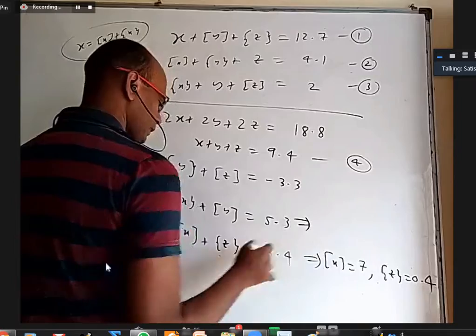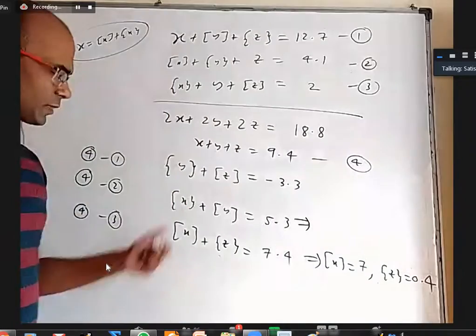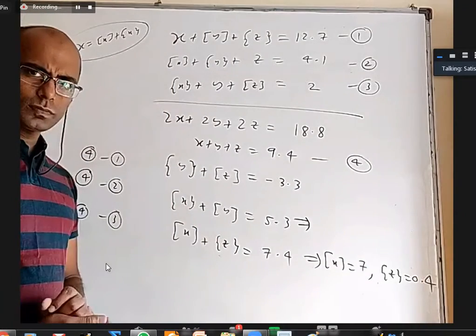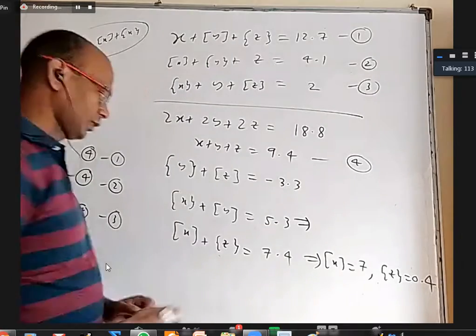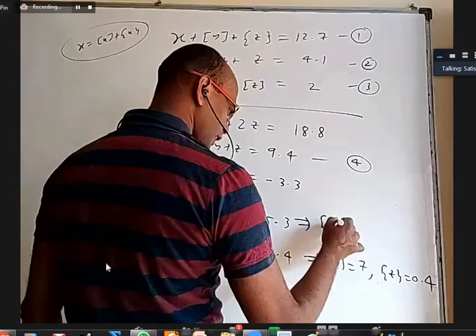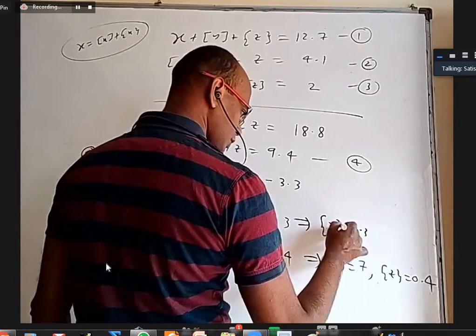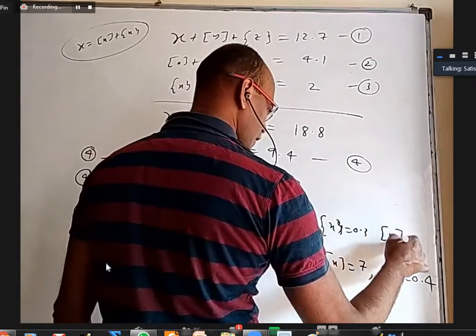From the second equation, what can we conclude? Fractional part of x is 0.3 and integer part of y is 5.